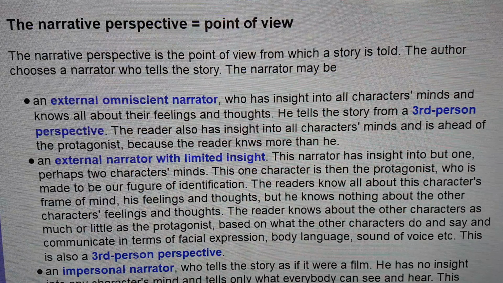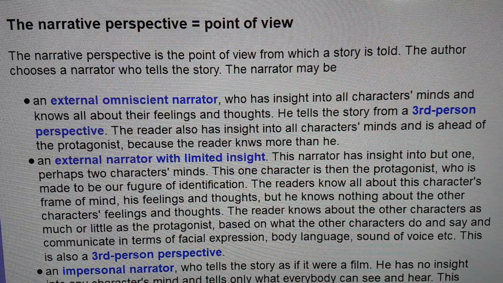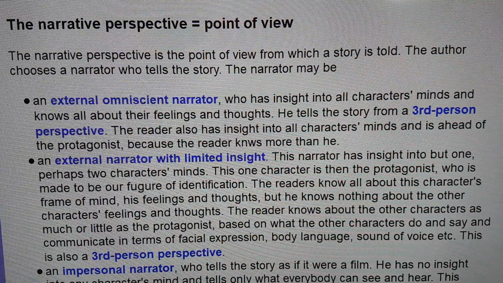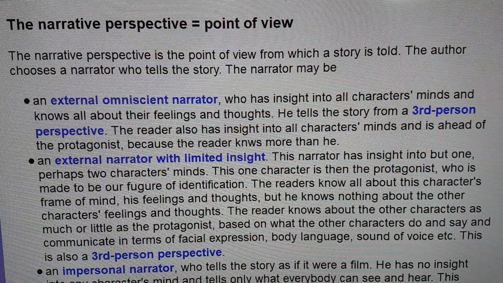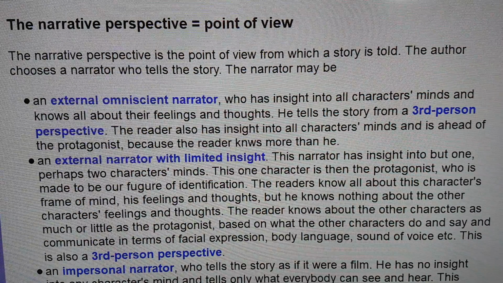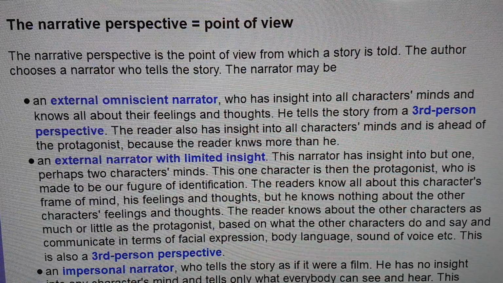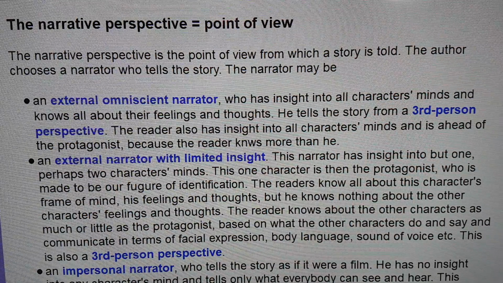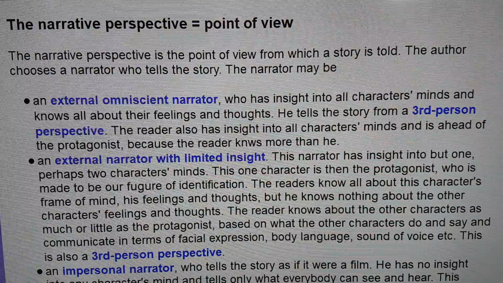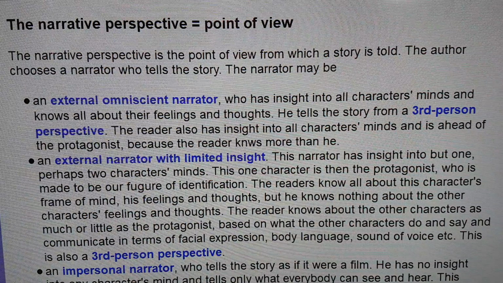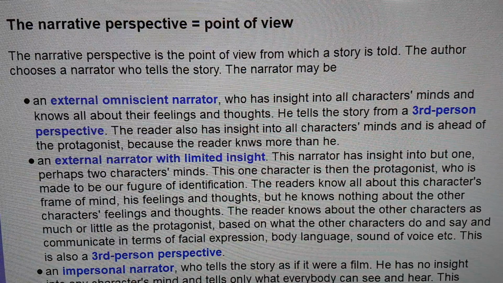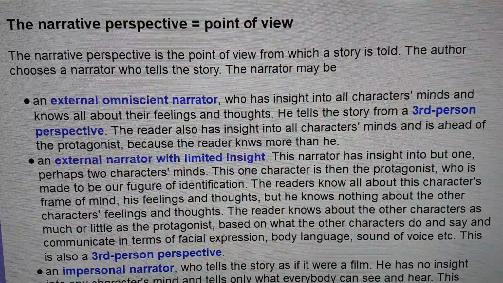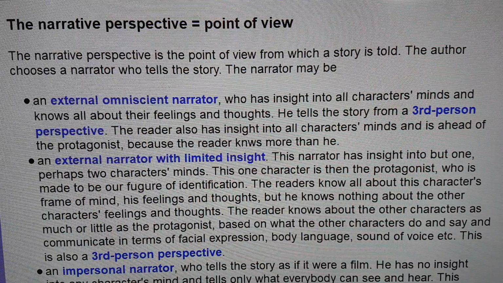He is no character inside the story, but he is an external narrator, meaning outside of the world of action. He more or less looks at the action and the characters from above, right? He is an onlooker in the true sense of the word. Okay?